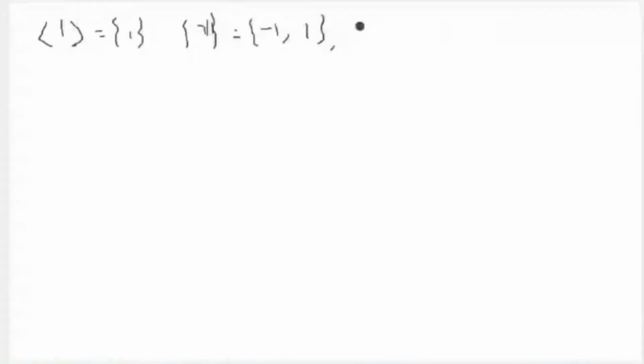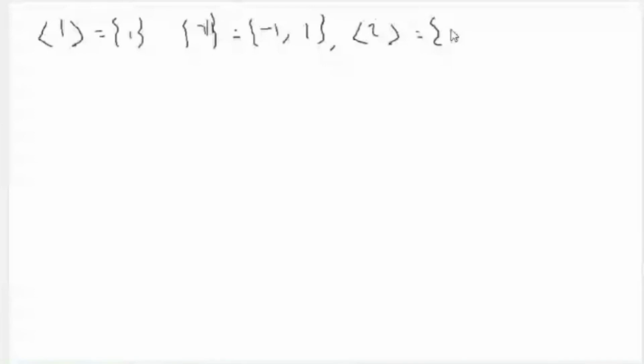If you consider I, what is the group generated by I? It will be I square, I cube, etc. I square is minus 1, I cube is therefore minus I, and I raised to 4 becomes the identity. Similarly, J generates a group of order 4, and K generates a group of order 4.